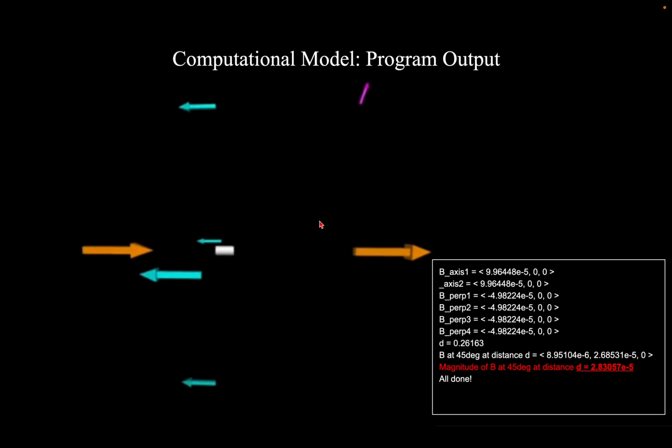Here is the model produced, with the cyan being the perpendicular vectors, the orange being the on-axis, and the magenta being the 45-degree. Note that in the bottom right is the text returned by the program, and it returned the magnitude of the magnetic field at that distance.